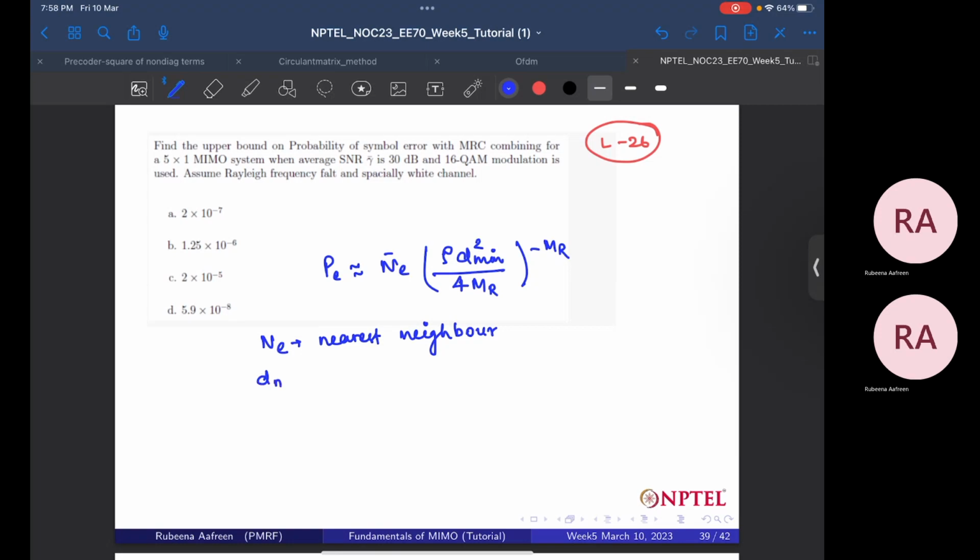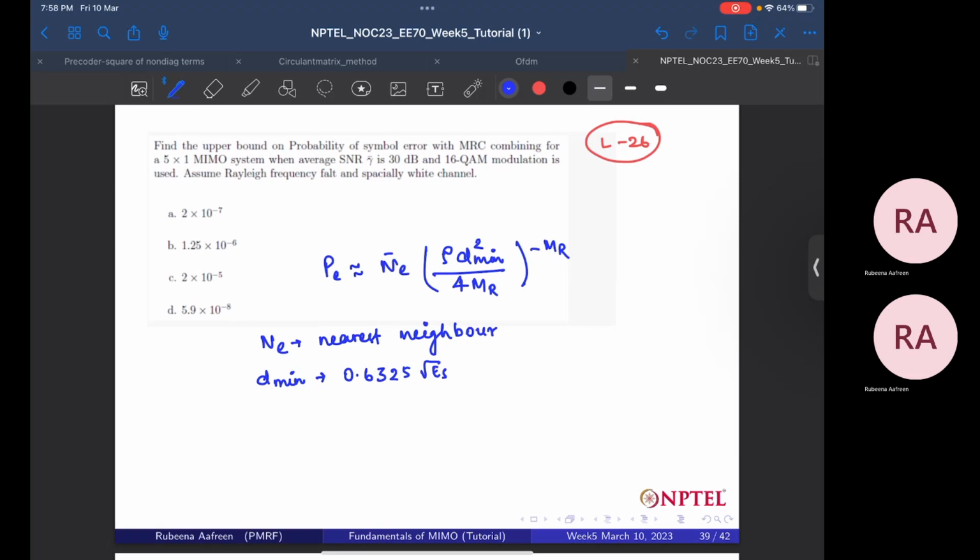And then d_min is the minimum distance, right? So for 16 QAM it is 0.6325 times of square root of Es. So you can calculate it. The formula is given. The prerequisite is digital communication. It is from digital communication. So now since we are using unit symbol energy symbols, right?